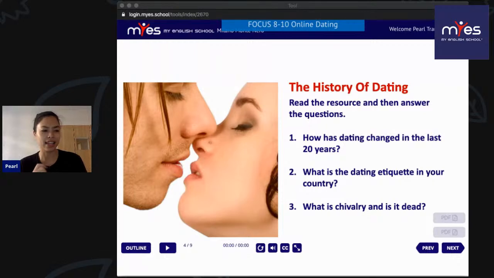I think now it's changed a little bit because women want to be treated more equally. So maybe men don't feel the need to do the things they've done in the past, open the doors for women or give them their jacket if they're cold, which is a little bit old school, but it's still nice. But I think it's less common now, which isn't a terrible thing because times change.